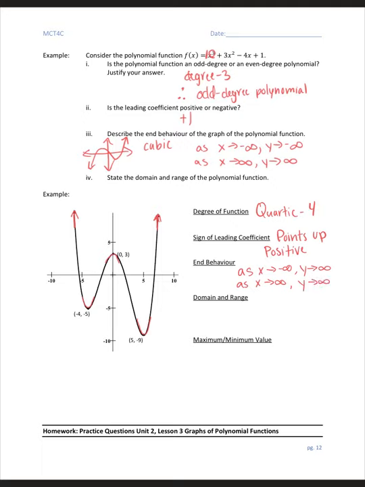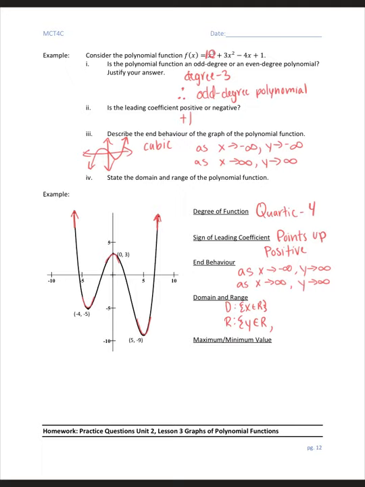Both are pointing up. If we look at our domain, it is x for all real numbers. Okay, those arrows are going to continue going out to the left and right until we get all x values. Our range is going to be y for all real numbers, such that we can see that the graph has some local mins and maxes, which we'll talk about in a minute, but we have an absolute minimum down at the bottom of our graph, right here.